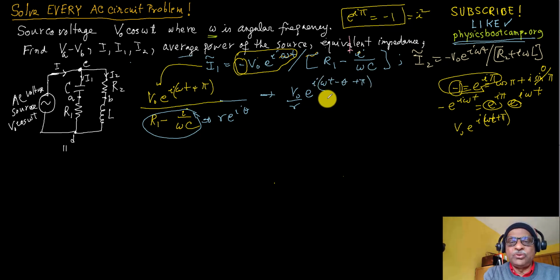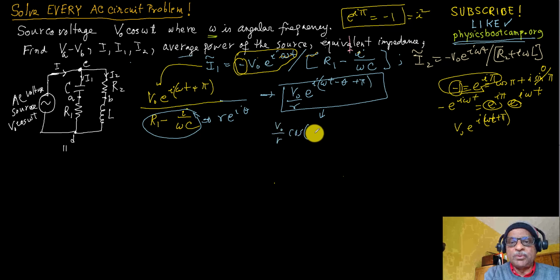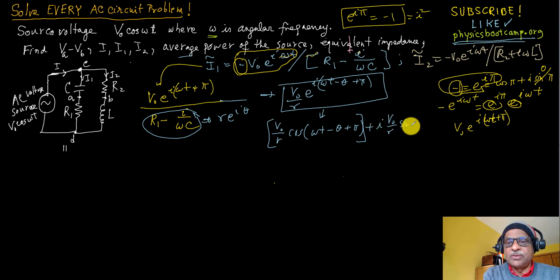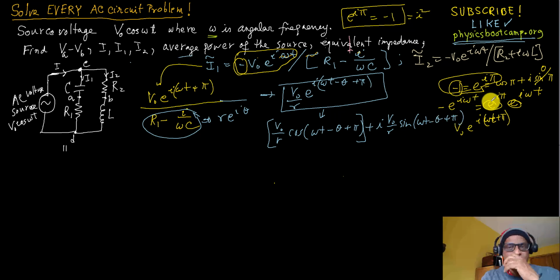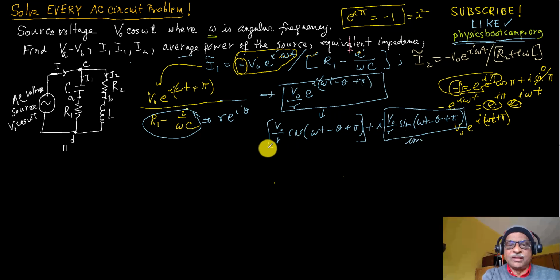The real part of this will be v0 over r cosine of omega t minus theta plus pi, plus i times v0 over r sine of omega t minus theta plus pi. This is the imaginary part, and this is the real part.